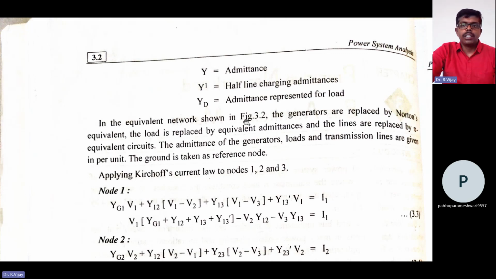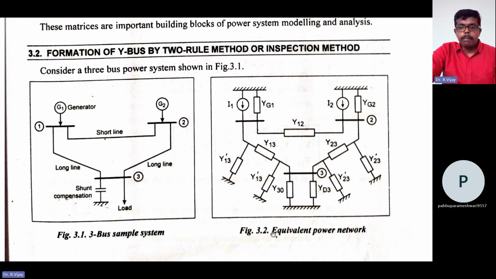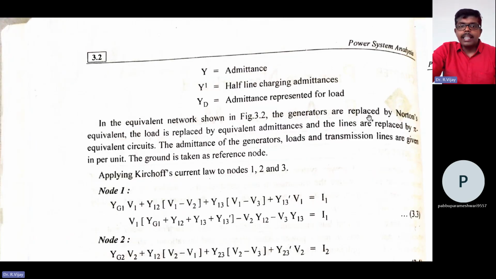In the equivalent circuit shown in figure 3.2, generators are replaced by Norton equivalents, the load is replaced by the equivalent admittance, and the line is replaced by the pi equivalent circuit. You already studied these concepts in generation, transmission, distribution, or power system 2, depending on the syllabus of the university.